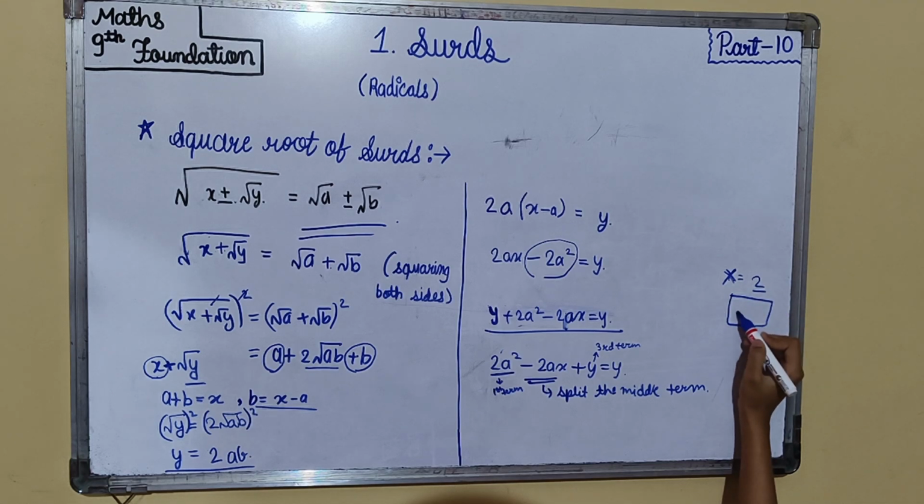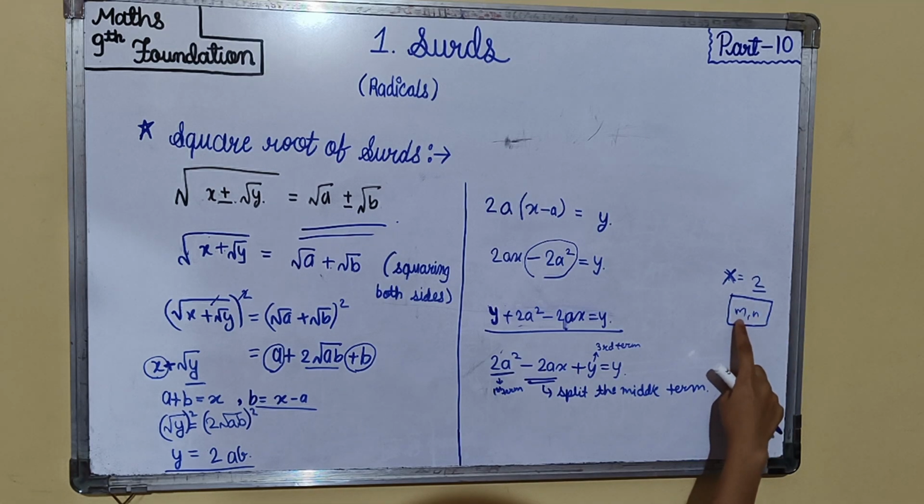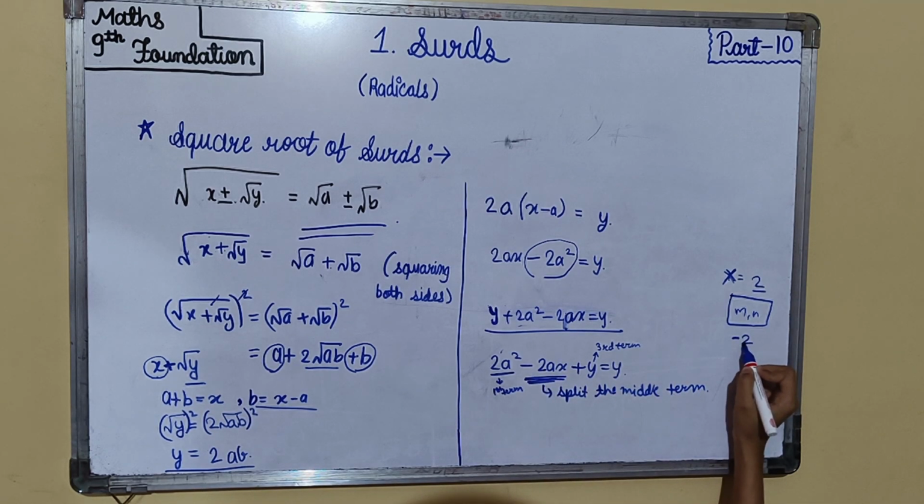Multiplication should be 2 of any two variables. Let's say m and n. M should be a rational number and n should also be a rational number. Their multiplication should be 2 and addition should be this number, that is -2.